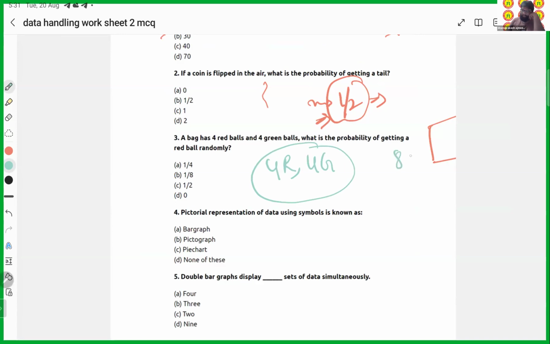Total 8 balls, of which 4 are green and 4 are red, so there are only 2 outcomes. Probability is the number of expected outcomes by total outcomes. Total outcomes: it can be either red or green, so 2 in the denominator. The question asks for a red ball, so the expected outcome is only 1. So 1/2 is the answer.